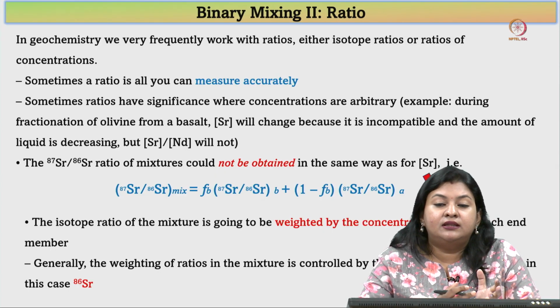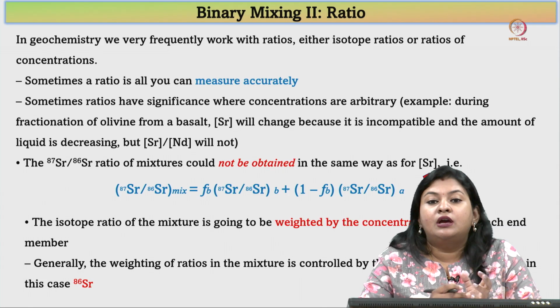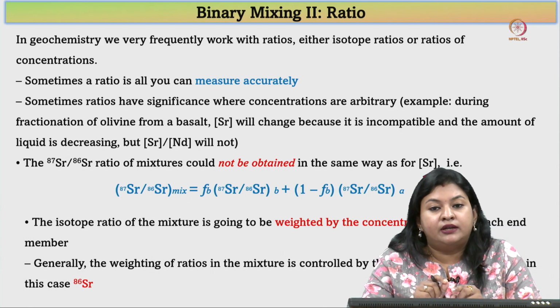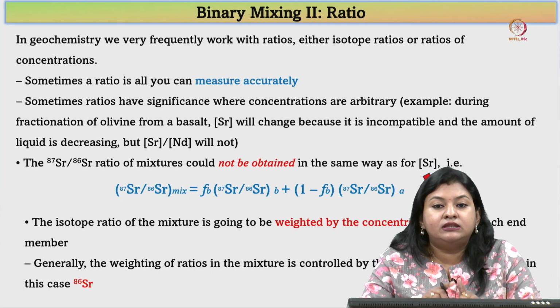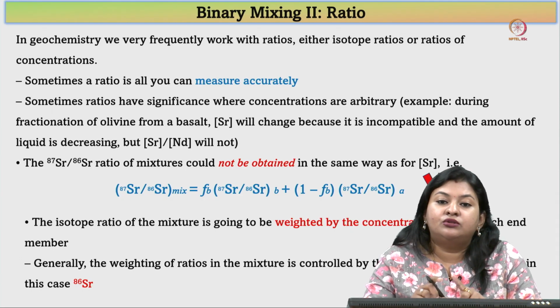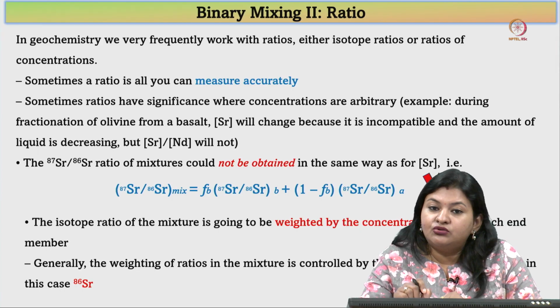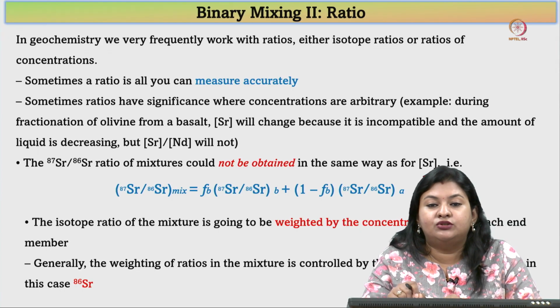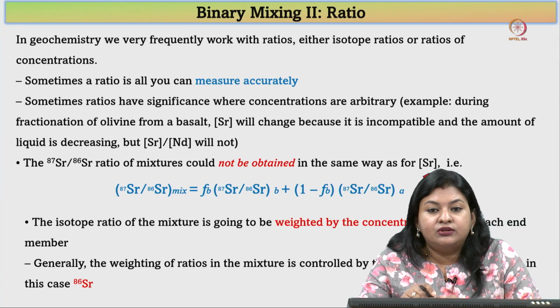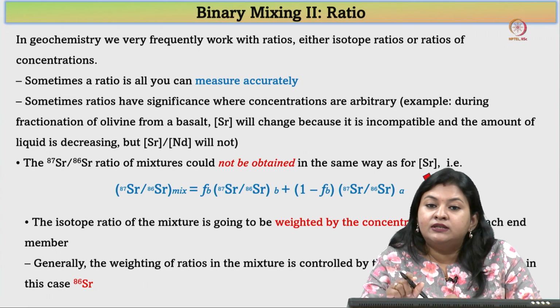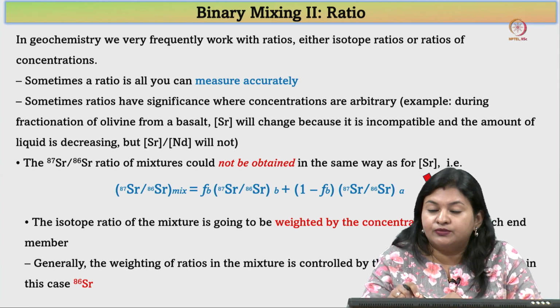For instance, in the radioactive isotope systems, we always report the ratio. We do not report the 87 rubidium radiogenic concentration. We will report the 87 strontium by 86 strontium isotope ratio. So, isotopes are always reported in terms of ratios.